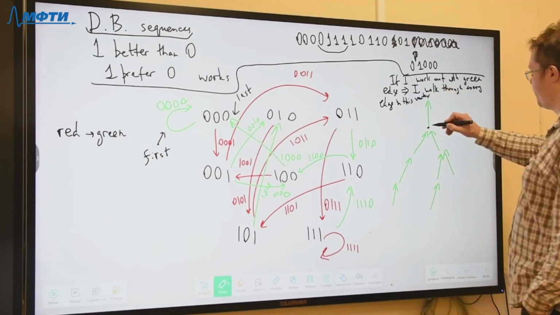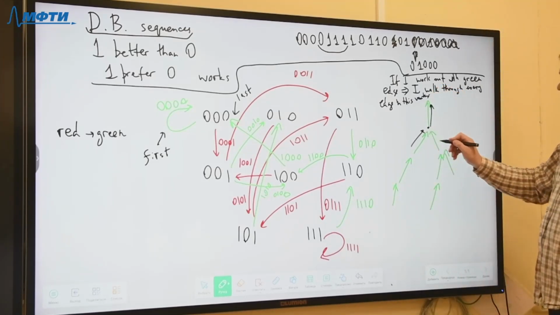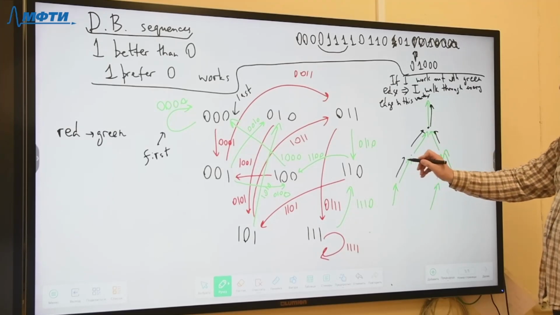So if I use this edge, that means that I use these edges. If I go through these edges, that means I use these edges.